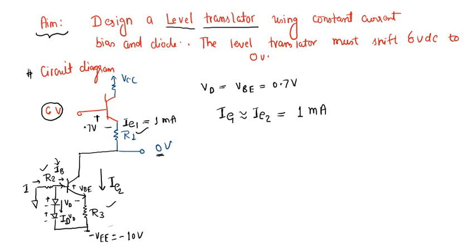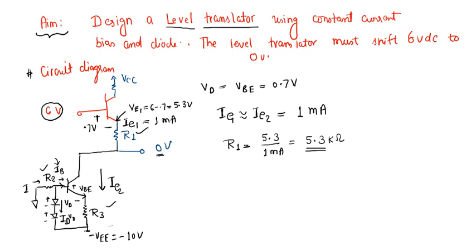If you see the value at the emitter of transistor 1, it is 6 minus 0.7, which is equal to 5.3 volts. We want 0 here, and the current through this is 1 milliampere. So as you can see, R1 will be 5.3 divided by 1 milliampere, or it should be 5.3 kilo ohms.